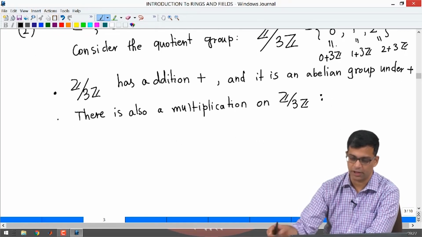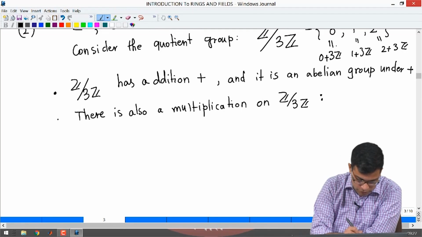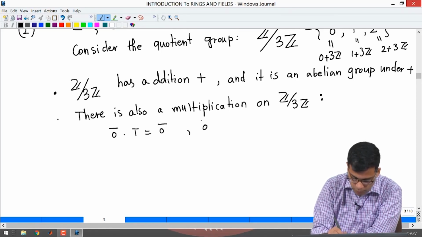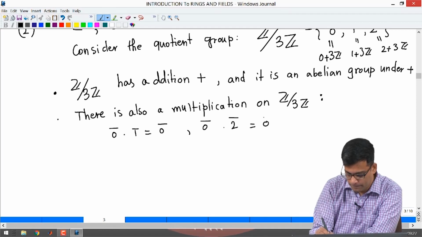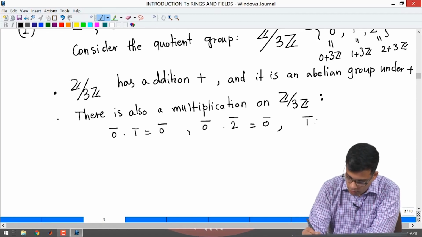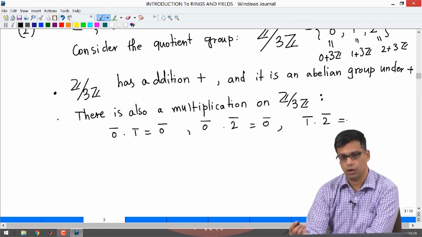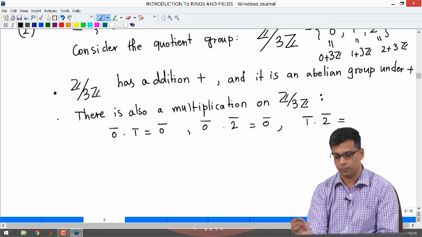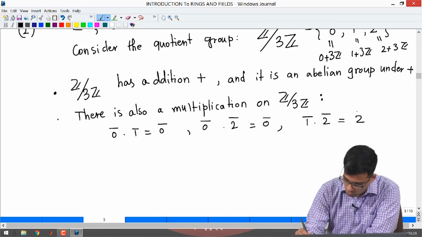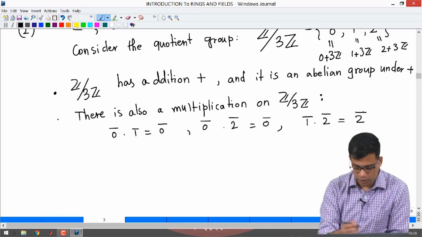You take 2 representatives and multiply them. So, for example, 0 bar dot 1 bar is 0 bar, 0 bar dot 2 bar is 0 bar, and 1 bar dot 2 bar, what would this be? You take 1 and 2, multiply them, you get 2, so you get 2 bar.